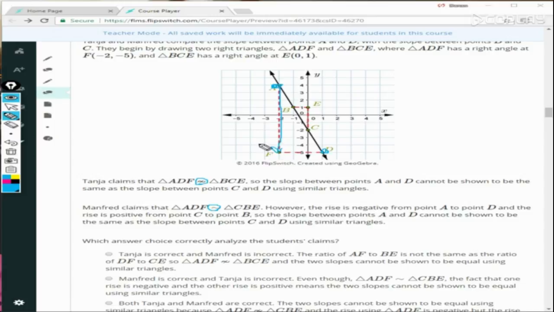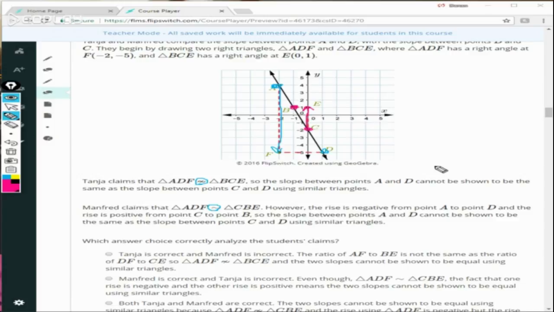The rise went down is negative, and the points from C to B, she's saying that I had to count up and the rise is positive, which is correct if you are going from C to B.